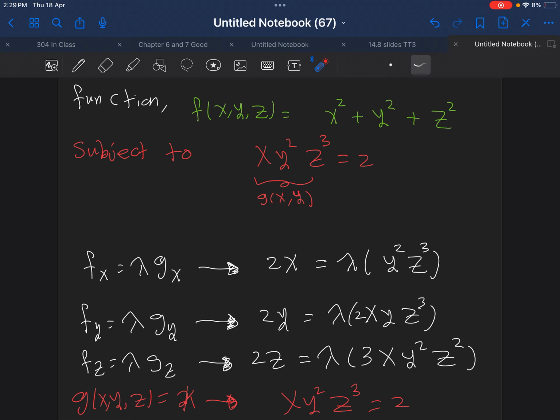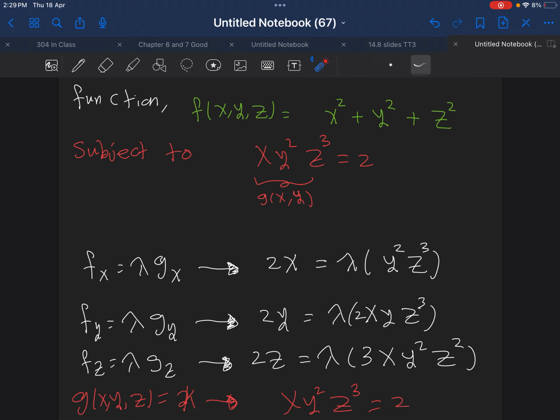Now, how would we try solving this question? I will leave it, of course, for you to solve by yourself, but at least I can give you the idea. What if we start with equation number 2, take it to the other side, and take y as a common factor? What will happen is we will have one option that y equals 0. We can continue with that option and see where we reach.